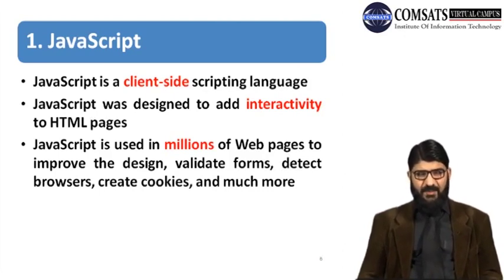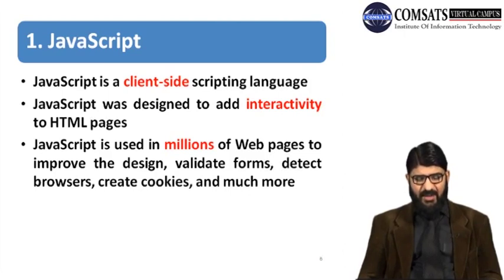It is already used by millions of web pages on the internet to improve the design, to validate form values and user inputs, to detect the browser and version and respond accordingly, to create cookies, and for other functions. We will discuss cookies in detail in the next slides.